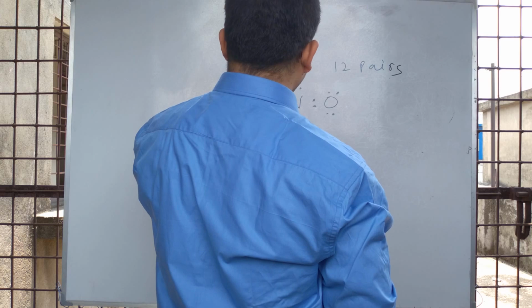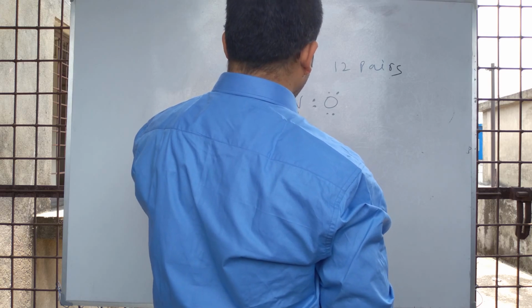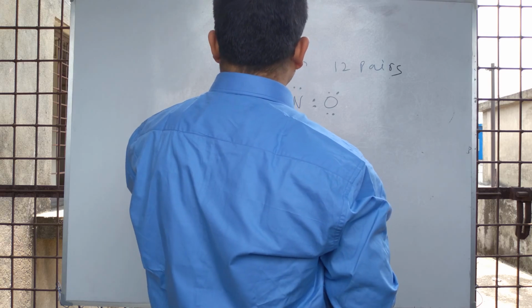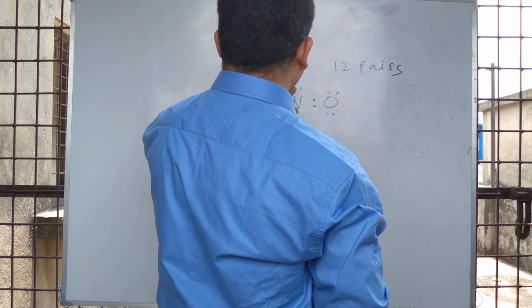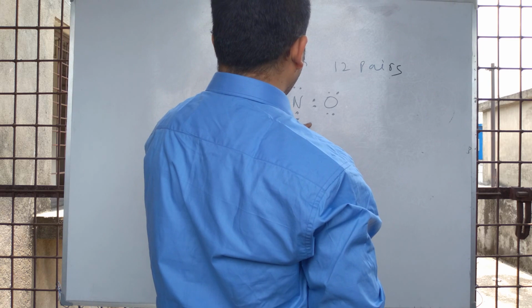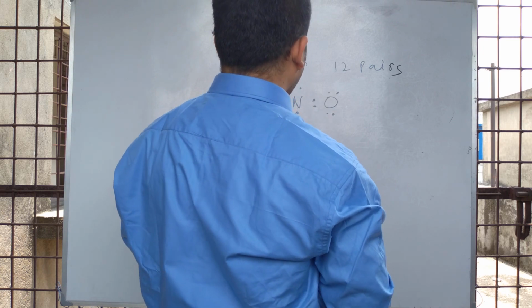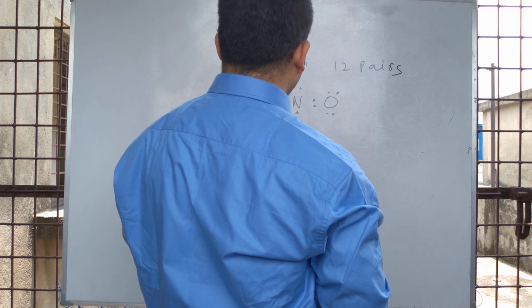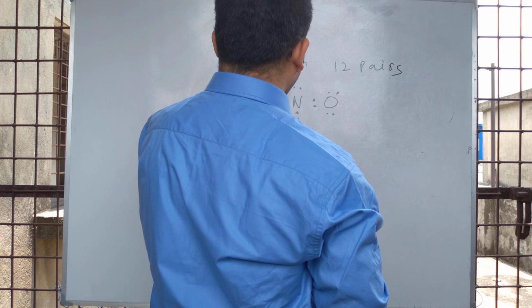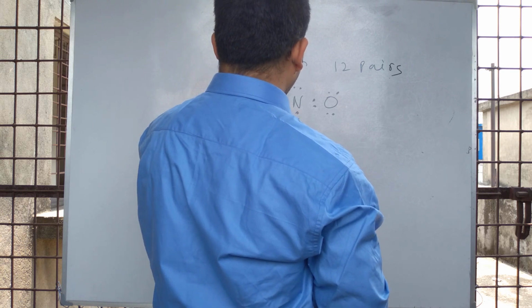We are missing a pair. Look here, 1 to 11, and we have to give the other 2 electrons for completing.